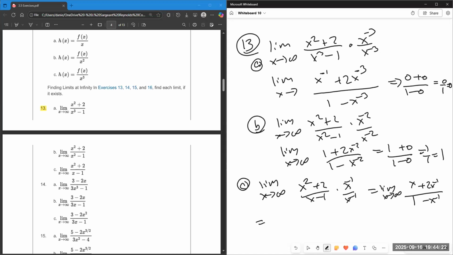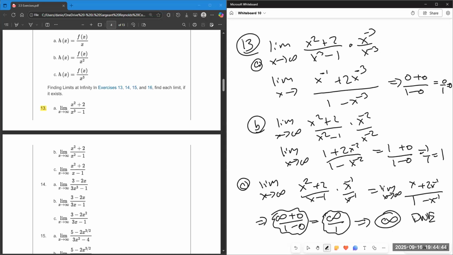So that's going to be approaching infinity plus 0 over 1 minus 0. This is all conceptual here. Don't actually write that it is going to infinity, but you're thinking about this. So you're going to say that your answer is infinity and that the limit does not exist because it increases without bound.